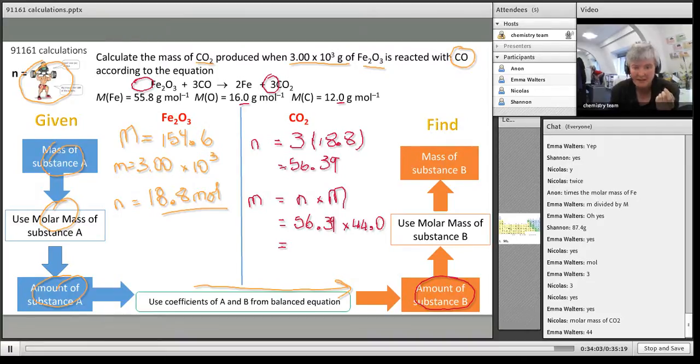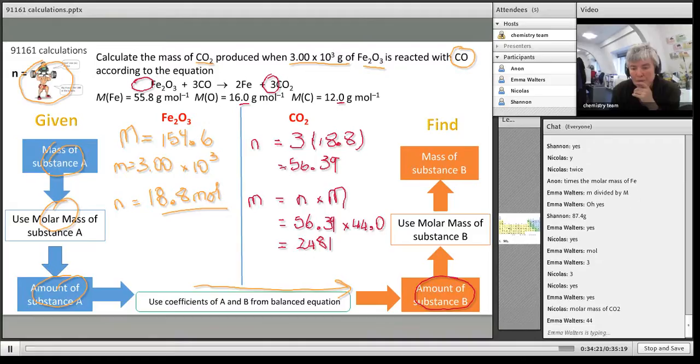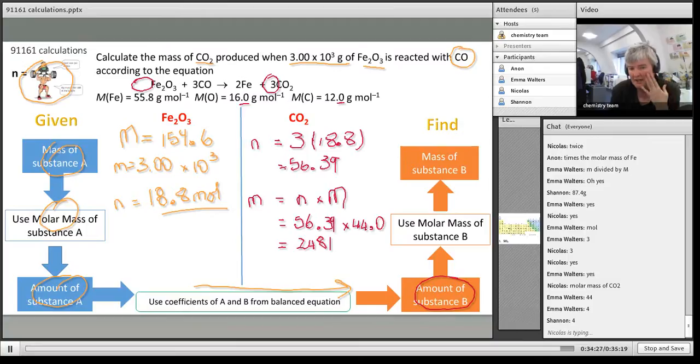So I multiply that simply by 44, and I should get 2481. Now 2481 is how many significant figures? 4. Now I could say 2480, but that's not the best way of representing it.